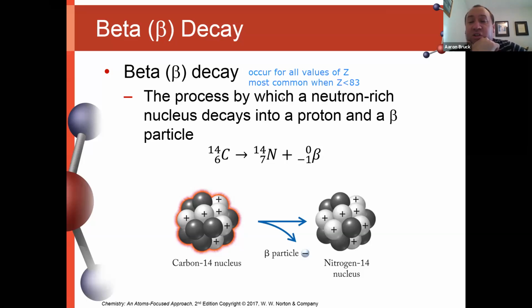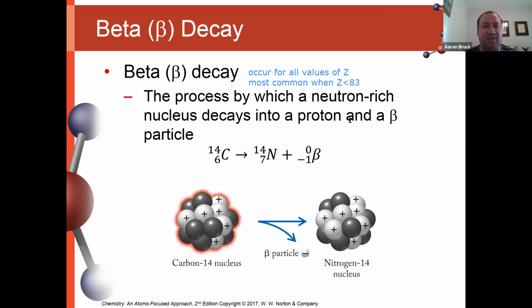Every isotope is capable of undergoing beta decay, but it's most common when we have less than 83 protons and we have a neutron-rich nucleus. If we think about that band of stability, neutron-rich areas would be those above the band of stability, where we've got too many neutrons and not enough protons.